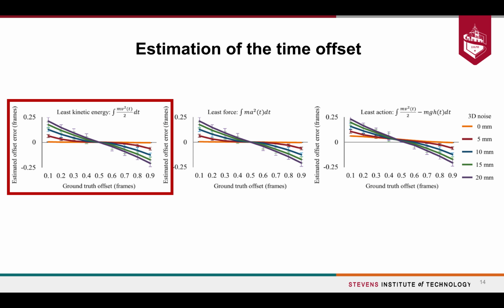You can see this one has a lot of error, even when the Gaussian error is 0, and the previous one has good performance when the error is small. And finally, in the following experiments, he will use the least kinetic energy prior.